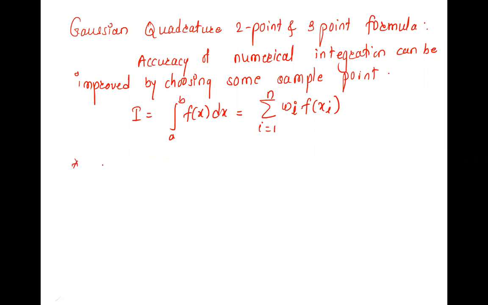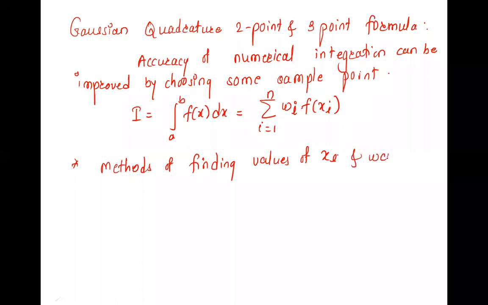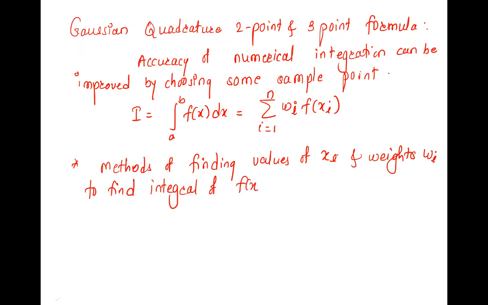Next, methods of finding values of xi and weights wi to find the integral of f of x. To find the integral of f of x is called Gaussian integral.